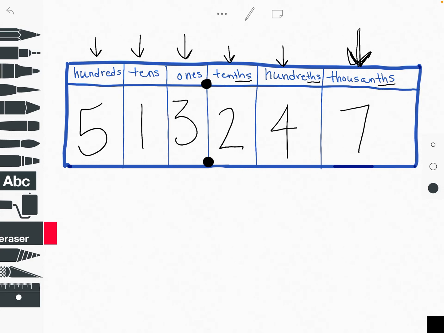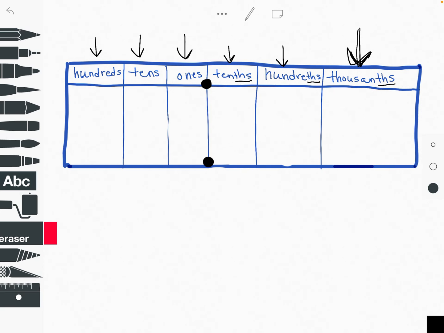And I'm just going to erase this number here, and we'll try one more. Got to erase it without erasing my chart. There we go. Okay, so let's try this number.